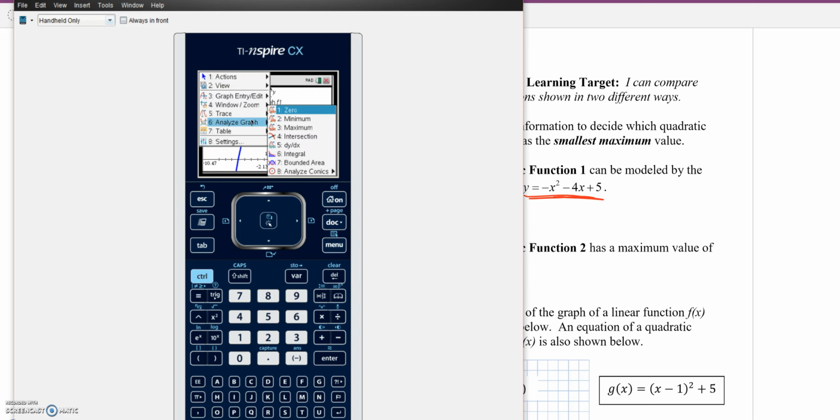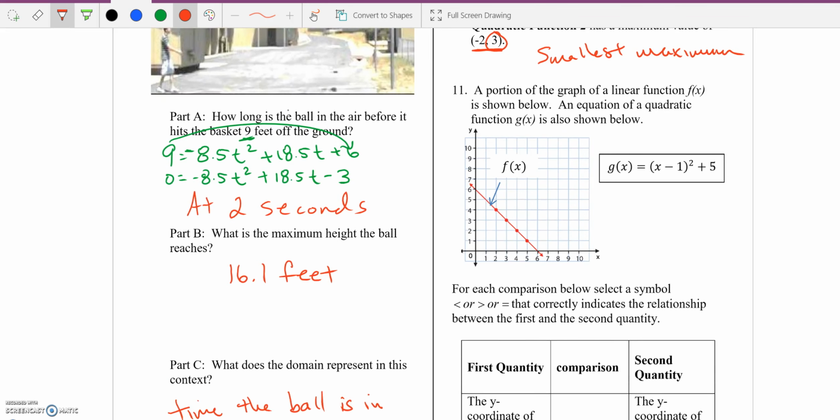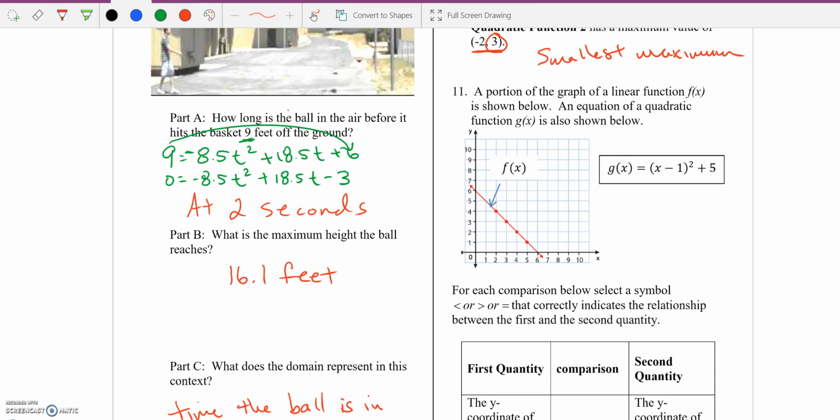So again, menu, analyze graph, maximum, lower bound, upper bound, and my maximum is at negative 2, 9. So I go over here, my maximum is at negative 2, 9. So which one has the smallest maximum value? I'm looking at the y values. One's 3, one's a 9, so function 2 has the smallest maximum.